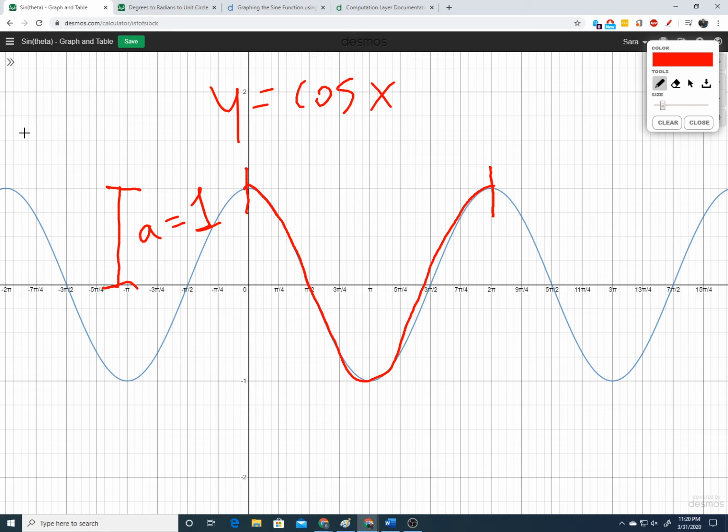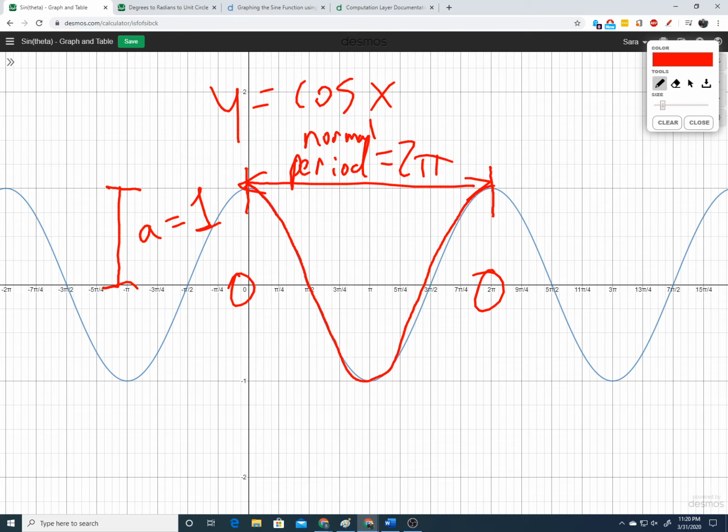So this right here, I can see again goes from 0 to 2 pi. So again, I have a period equal to 2 pi. So I think this is worth making a note of. For y equals cosine of x, you have a normal period of 2 pi.